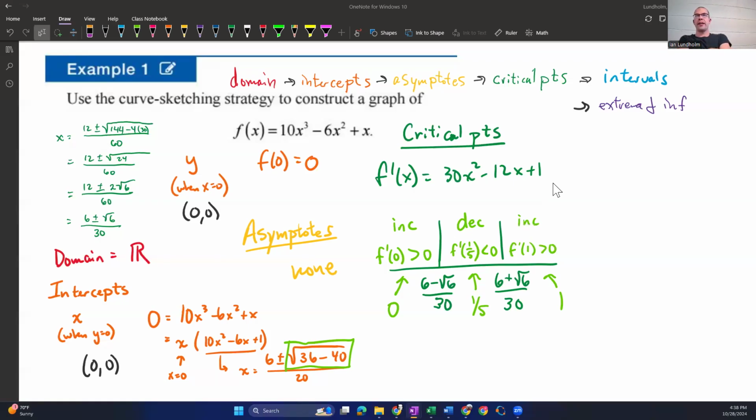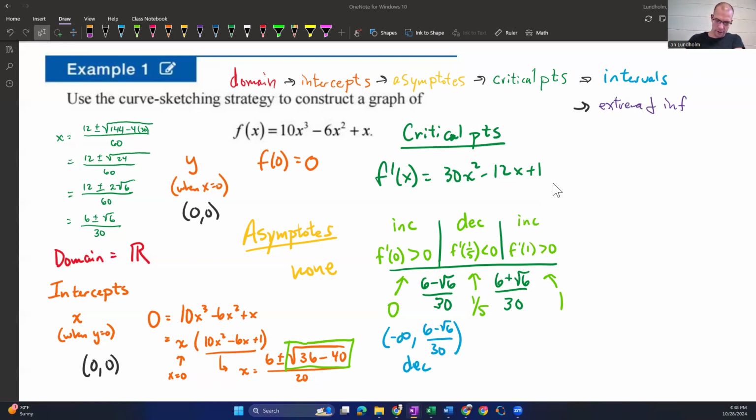And so, yeah, those critical points help us find the intervals of increase and decrease. I guess I haven't done a good job of writing that first interval in interval notation. We go from negative infinity up to (6 minus the square root of 6) over 30 as an interval of decrease.